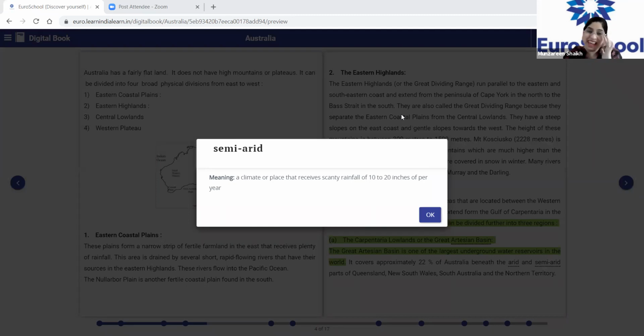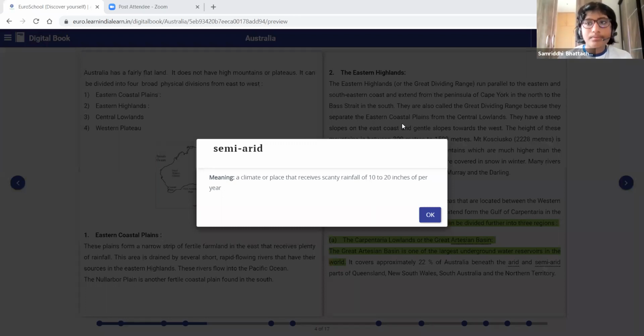Scanty here means less rainfall, of 10 to 20 inches per year. That means you cannot call this area arid because it receives rainfall, but in a very small amount. Got the meaning of arid and semi-arid areas?